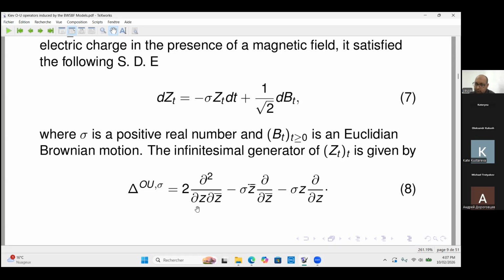Okay, so equation 8 is just the form to express the usual Ornstein-Uhlenbeck operator, which we discussed before, in terms of complex numbers. Yes. I will give the expression of this derivative in complex coordinates. In real coordinates, for example, d/dz equals 1/2 (d/dx minus i d/dy).